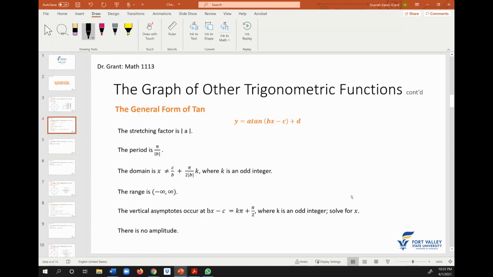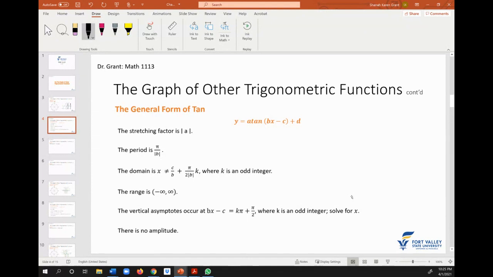So to come up with some of the characteristics, similarly to what we did for sine and cosine, there's a stretch factor of a. So usually a was your amplitude. There's no amplitude for the graph of tan. The period is going to be pi over b.